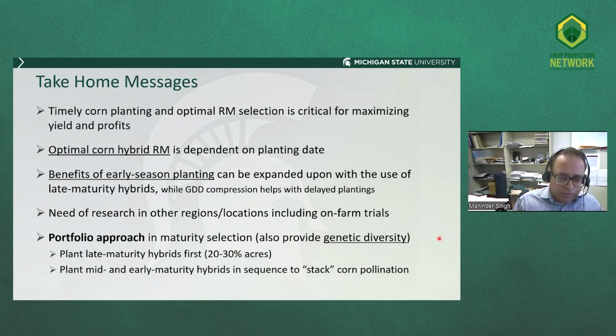And still be aware that we want to pick multiple maturities so we are stacking corn pollination, so it's not occurring within a short week to 10-day window. Because if it gets dry during that window, corn does not like that, and all bets are off. So making sure we are stacking our corn pollination by changing our planting dates and relative maturities is a way to succeed across different weather conditions.